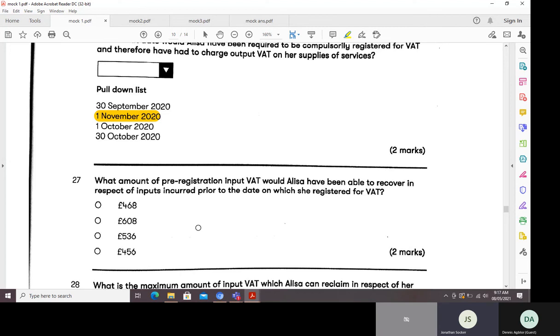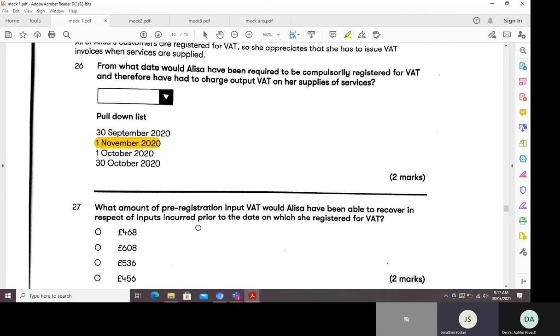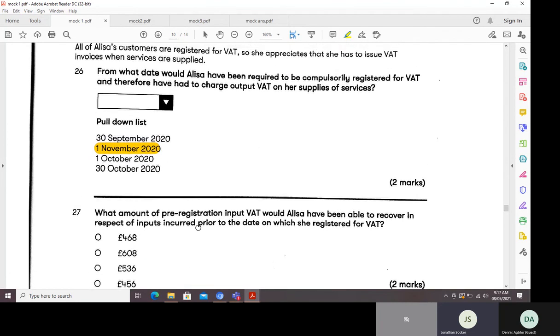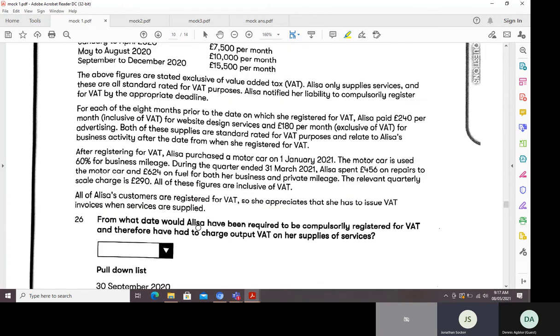Okay, so let's go to the question and see. So we take the next paragraph here. They said for each of the 8 months, so I think we'll get that information from this portion.